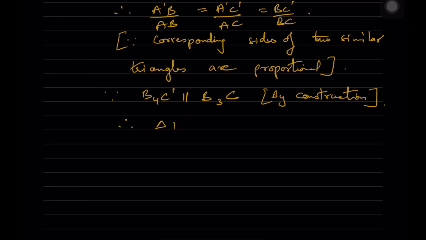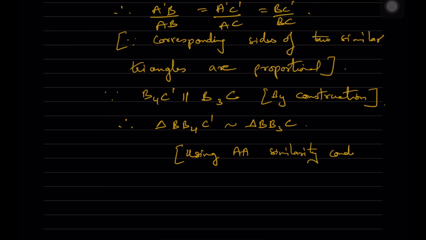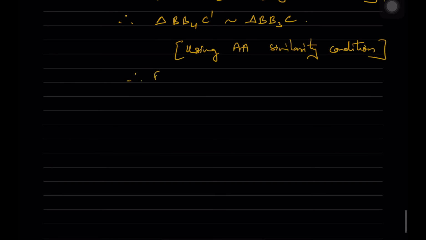Therefore, triangle BB4C dash is similar to triangle BB3C using AA similarity condition. Therefore, BC dash by BC is equal to BB4 by BB3 by basic proportionality theorem.